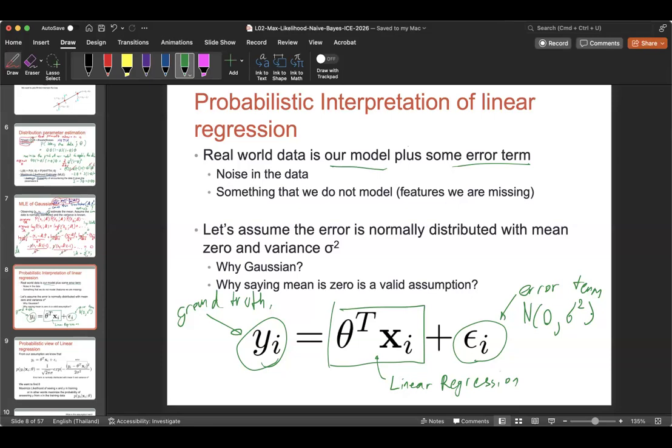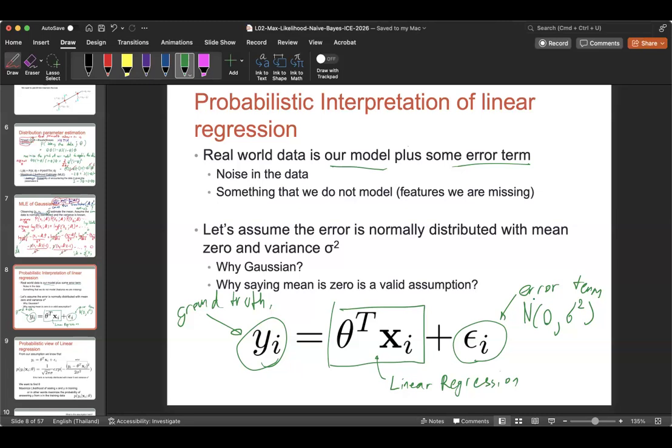A lot of the distributions in physics and things like that are Gaussian distributed. In statistics, there's a theorem called the central limit theorem, which says that a lot of distributions, if you add them together, you'll get a Gaussian distribution. So yeah, it's okay. Let's work with that assumption for now.